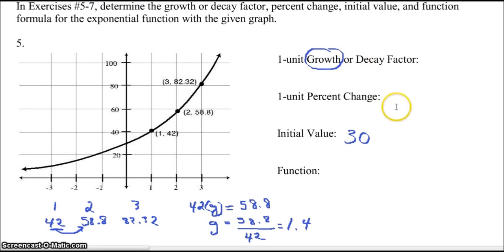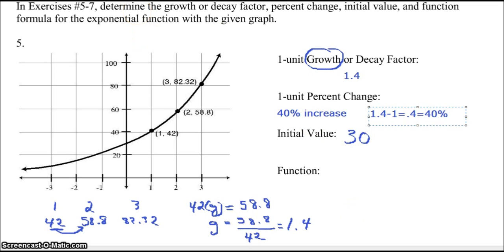And we get 1.4, our growth factor. Now I can see that the percent change is a 40% increase. I could just look here and see that there is a 0.4, that's 40%. You could also just say the growth factor minus 1 and get 0.4, which is 40%.